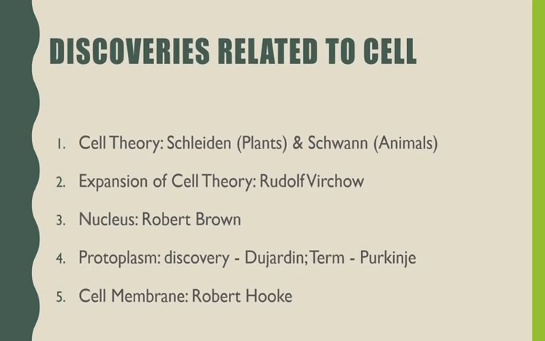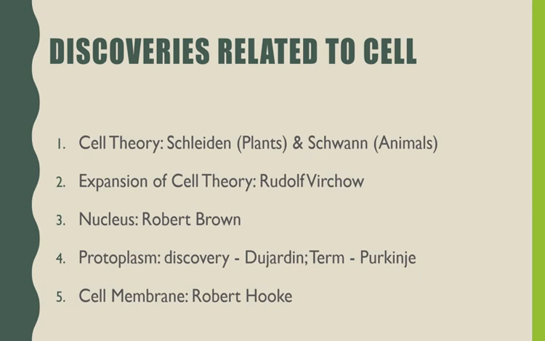The contributions of few scientists which led to a better understanding of cells. The first two scientists that we'll be doing would be Schleiden and Schwann. Now these two scientists separately gave the cell theory. Cell theory means why cells are important, why the study or the understanding of cell is so significant for us.